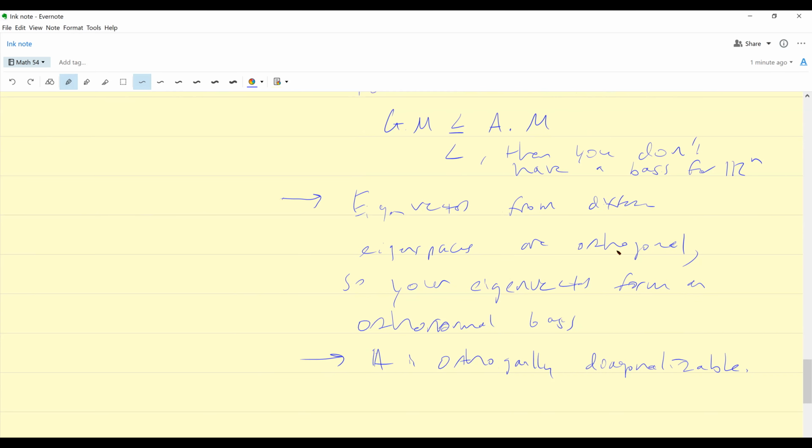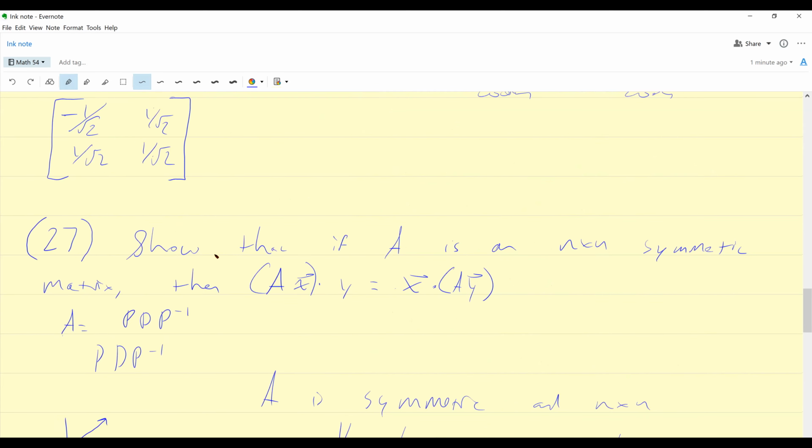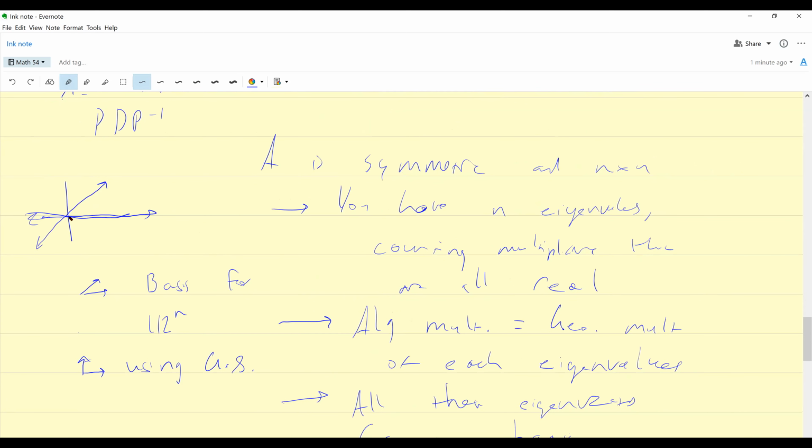Questions about that? What's the significance again of it being an orthonormal basis? Why do we care about this basis being orthonormal? In order for A to be orthogonally diagonalizable, we have to have an orthonormal basis. Yeah, so an orthonormal basis of eigenvectors. Here, I just went through an example where these are the eigenspaces of some other matrix B, which isn't symmetric.